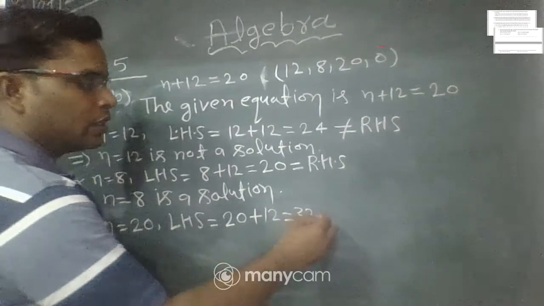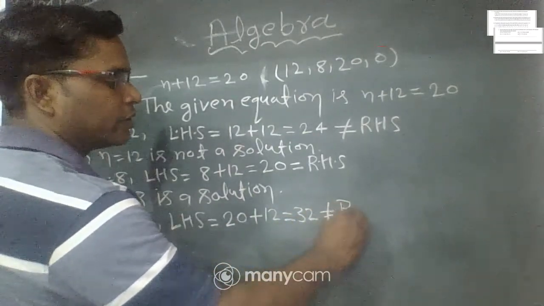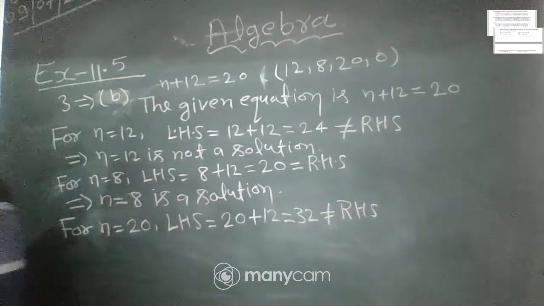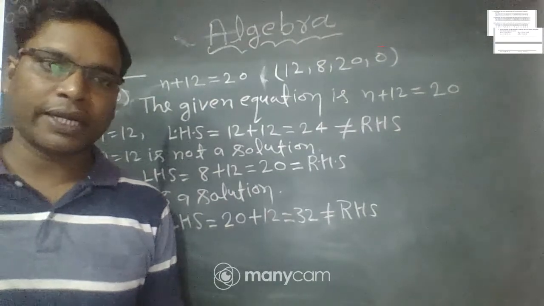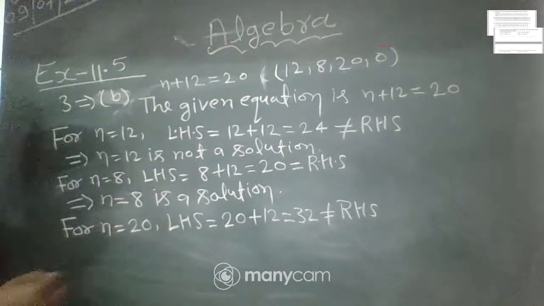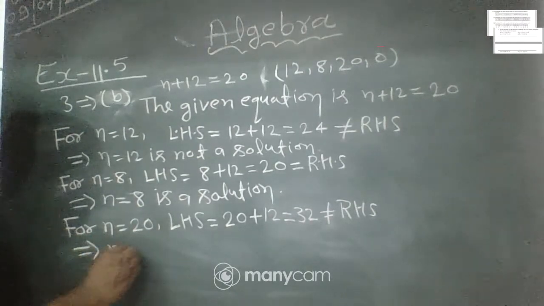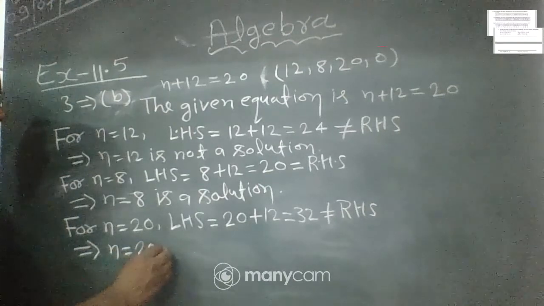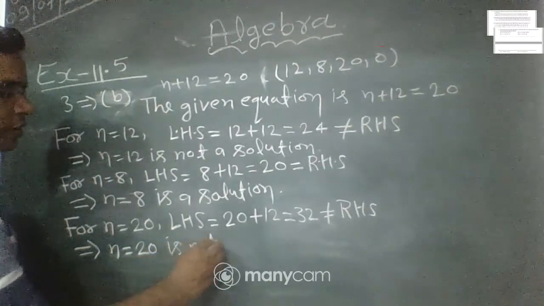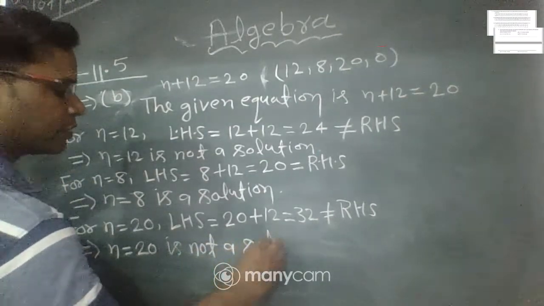Both are not equal. So 32 does not equal the right hand side, and this implies that n is equal to 20 is not a solution.